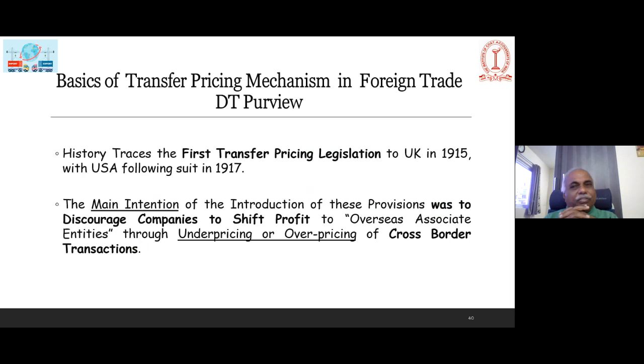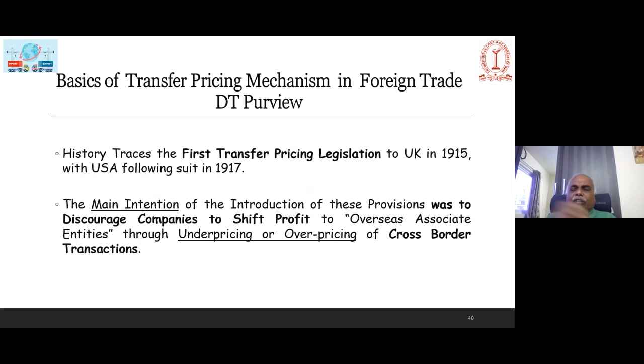This is not a new concept, but this is an opportunity. In an emerging country like India, this is an opportunity. And why? Because the cross-border transactions, and cross-state transactions as well, are increasing tremendously.